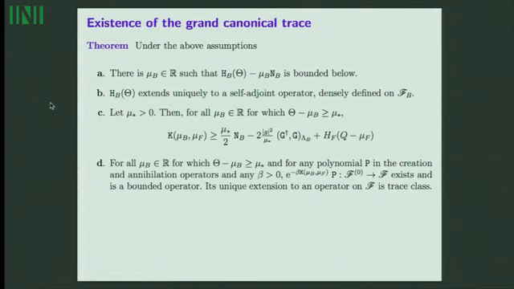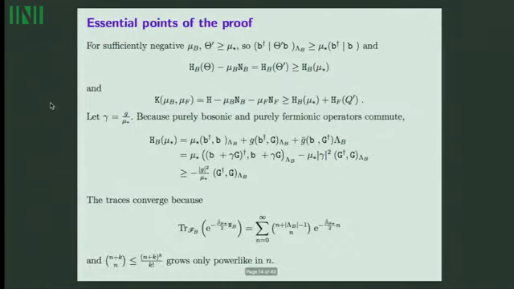And because of that, one then knows that if you take any polynomial in these creation and annihilation operators of the bosons, this thing is trace class on the whole space. I didn't look up the literature, but it's very easy to prove.